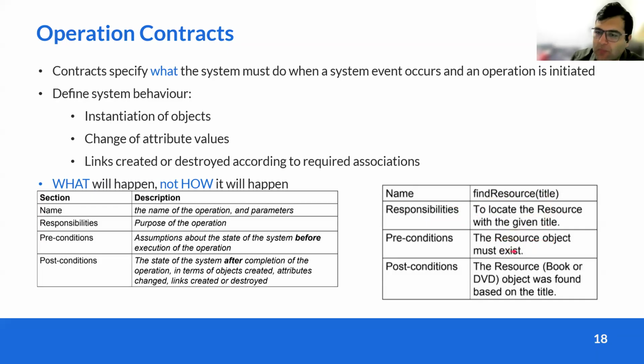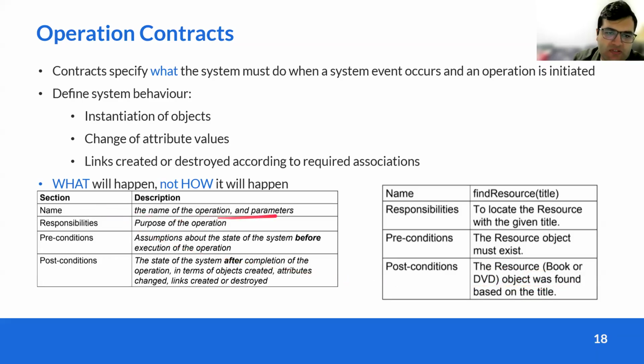The resource object must exist. When we're searching it, the resource must exist for you to be able to search it, which means that if it doesn't exist, you'll get an error. And then after we search, if we found it, we'll return that object. The resource, whether it's a book or a DVD, is found based on the title.